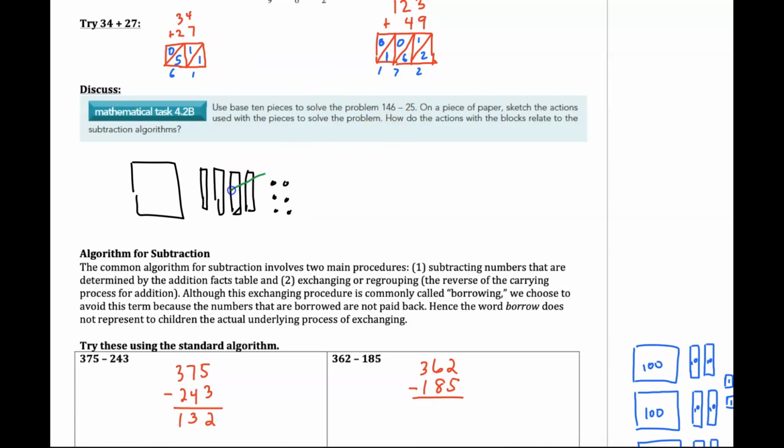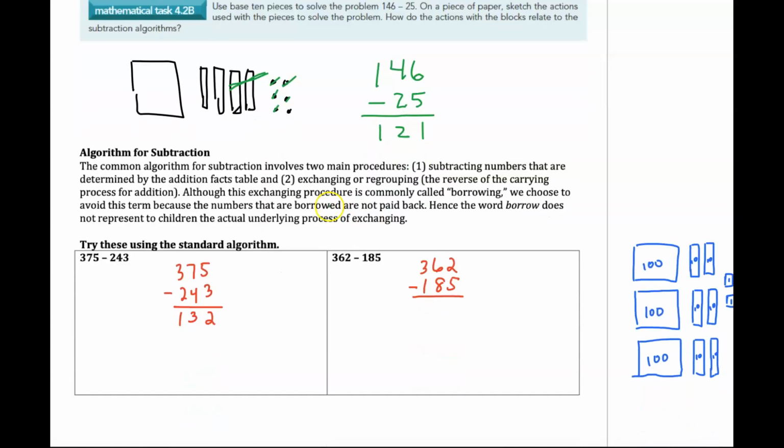Sorry, let's take away the 5 first, so that those are gone, so you're left with 1. Then you take away the 2 tens, and then you're left with 121. And think about how that relates to how you would actually solve that problem. 1, 2, 1. Right, subtracting down.